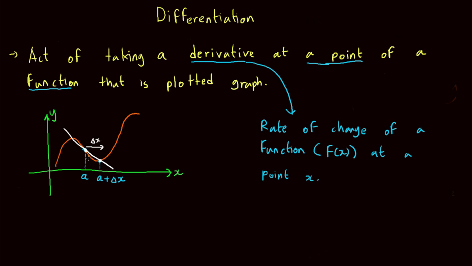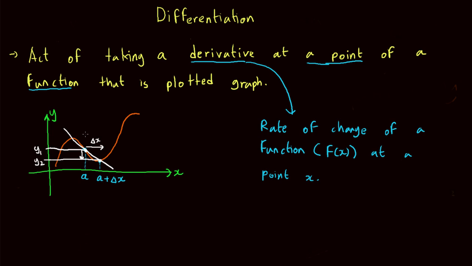But how about in the vertical direction, the y direction? It's basically the difference between y1 and y2. y1 is related to A, whereas y2 is related to A plus delta x.